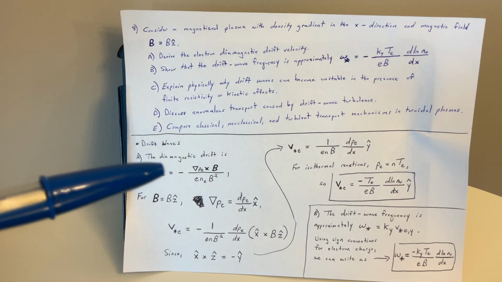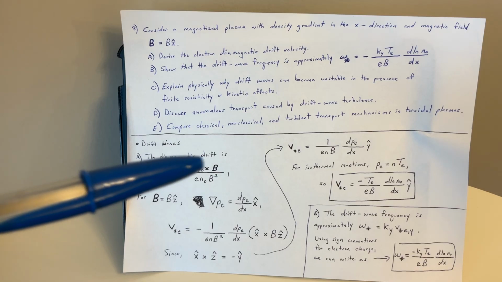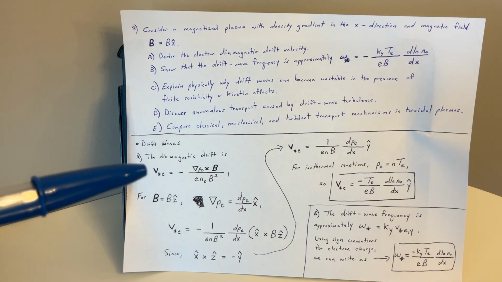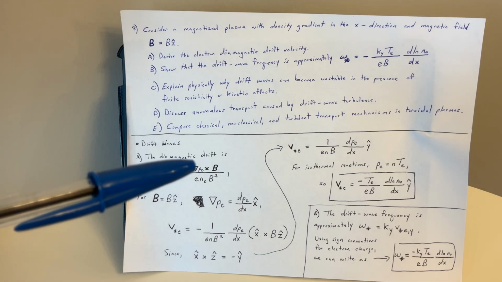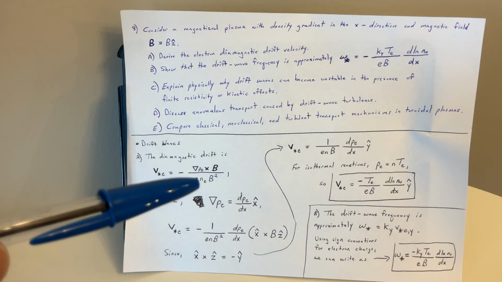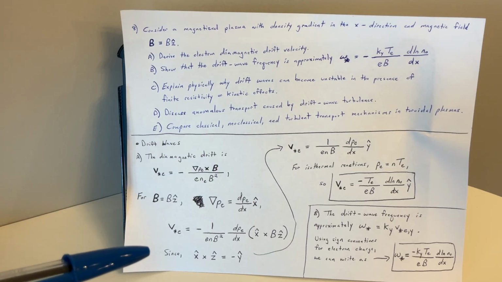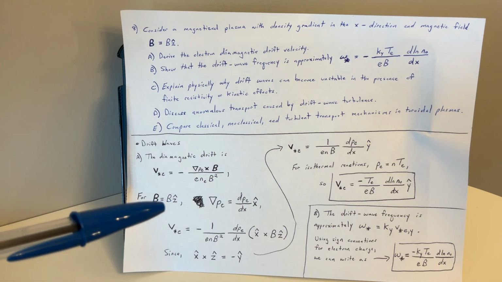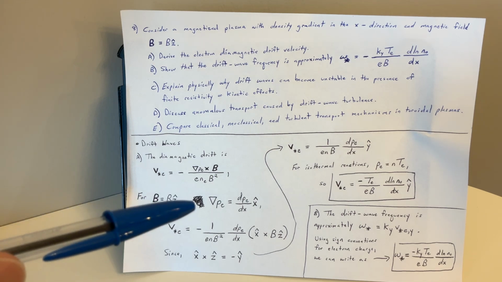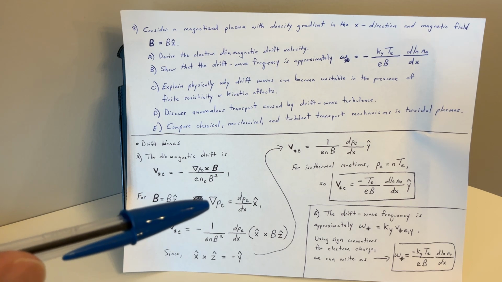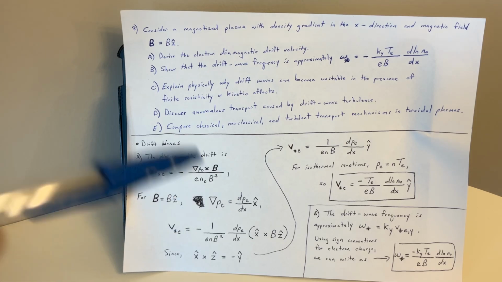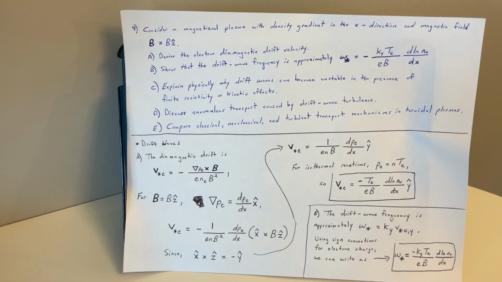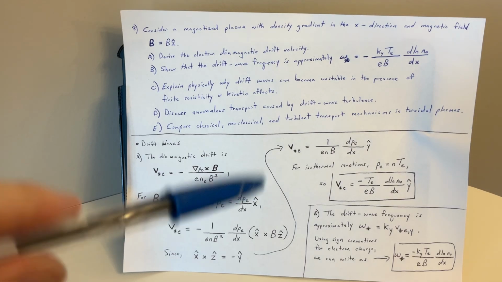Part A. The diamagnetic drift is this: v sub star e equals negative del p sub e cross B over e n B squared. For our magnetic field, that's B z hat, and del p sub e equals dp sub e/dx x hat.